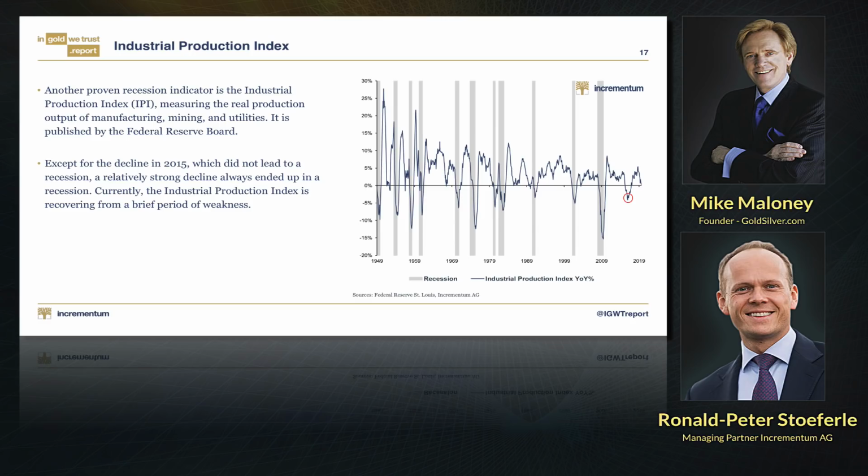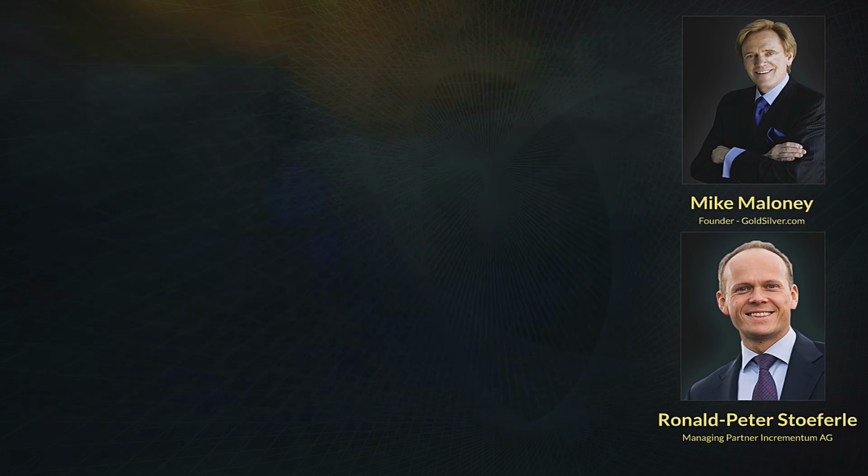Production Index. Can you just explain a little bit about what the Industrial Production Index is and why it's so important in predicting recessions, and what it's indicating right now?